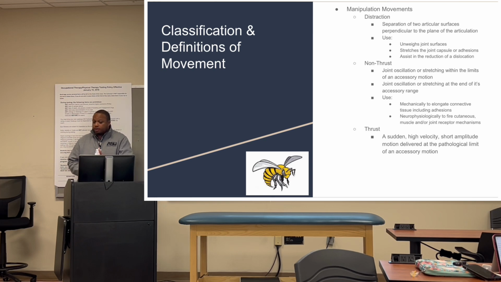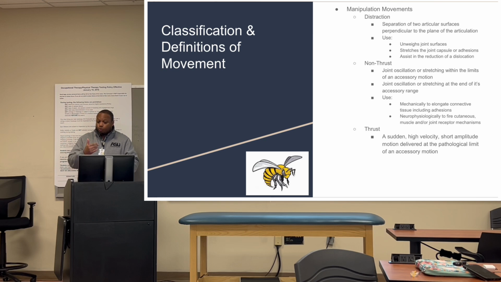And accessory motion could be component or joint play. Joint oscillation or stretching at the end of its accessory range. And then the use of non-thrust for grades 3 and 4, and also 5, is to mechanically elongate connective tissue, including adhesions.